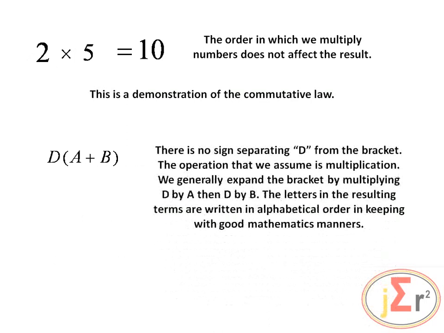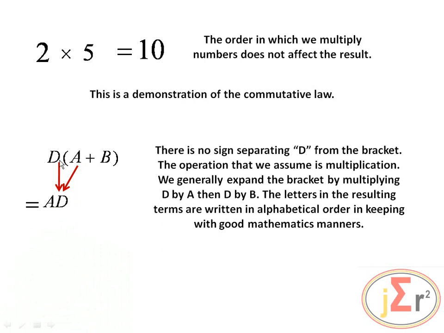What about this one? There is no sign separating this D from the brackets. The operation that we assume is multiplication. We generally expand the bracket by multiplying D by A, then D by B. The letters in the resulting terms are written in alphabetical order in keeping with good mathematics manners.